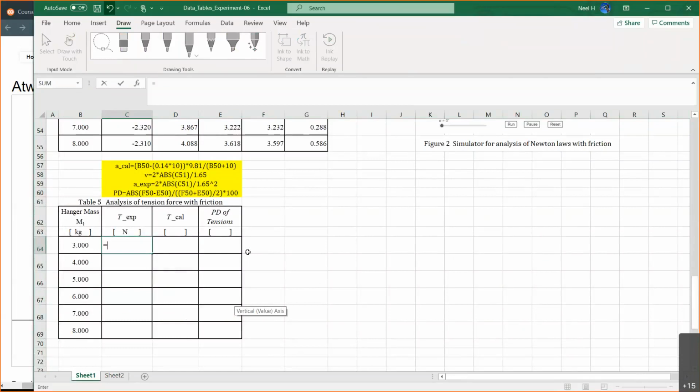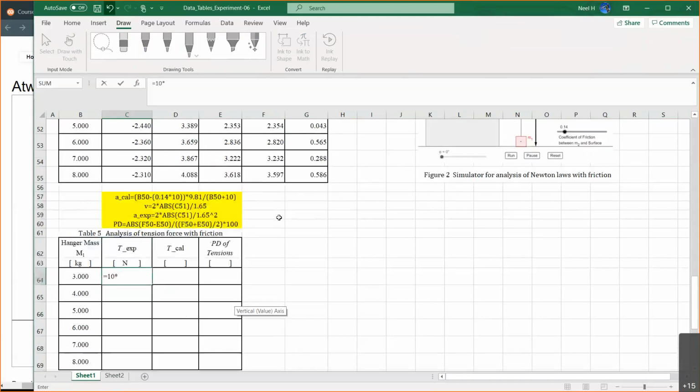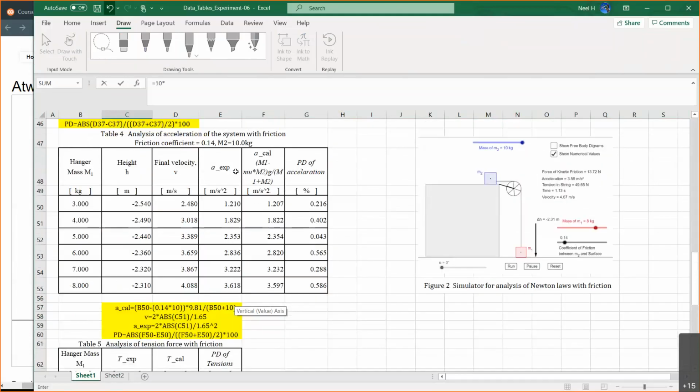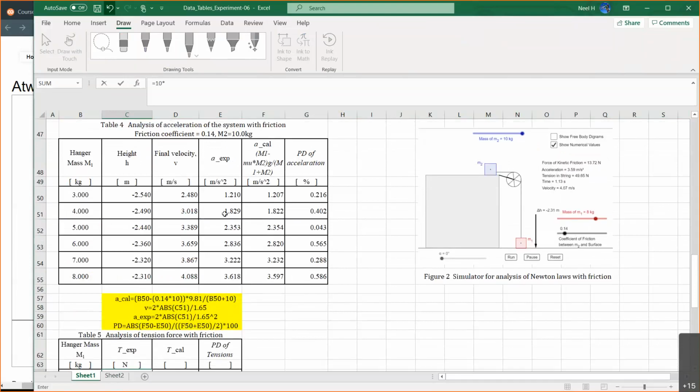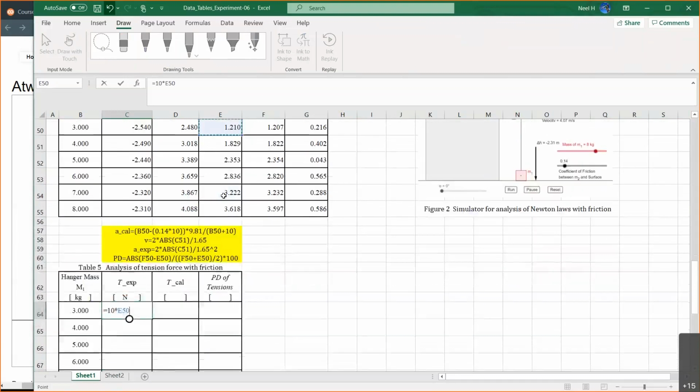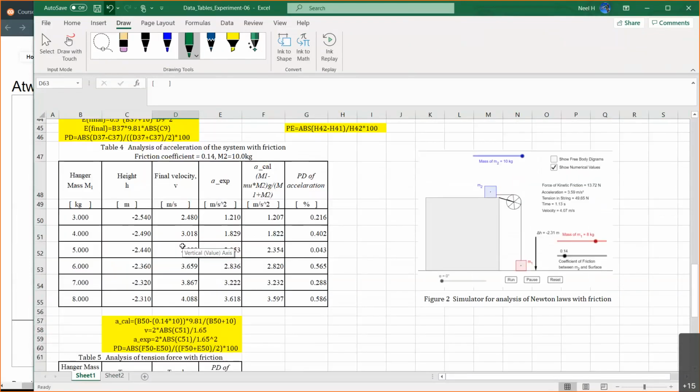T is equal to mass M2, 10 times the acceleration experimental we got earlier here. And let's do that expected value to see what we're getting.